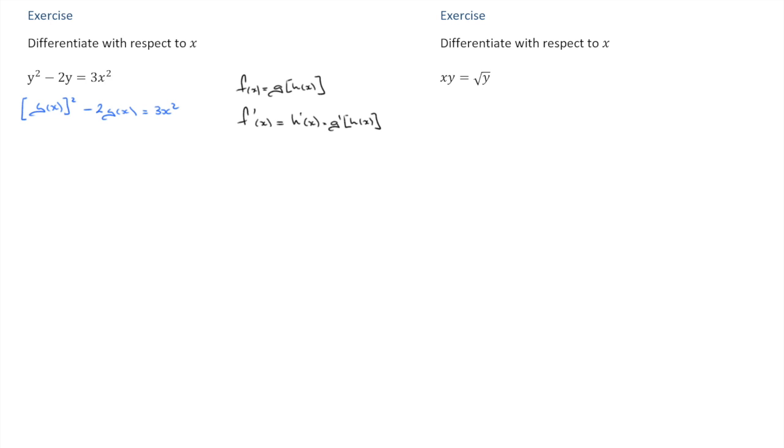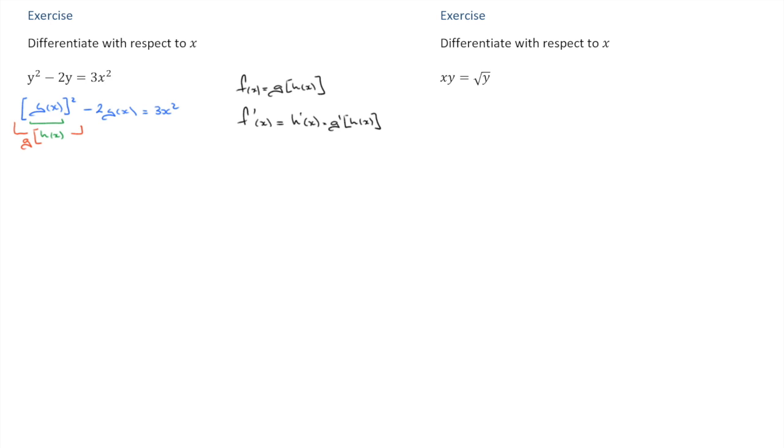Now, keeping that in mind, and comparing it to what we have here on the left in blue, the inner function in this case, y of x, would be h of x, and the square function would be g.